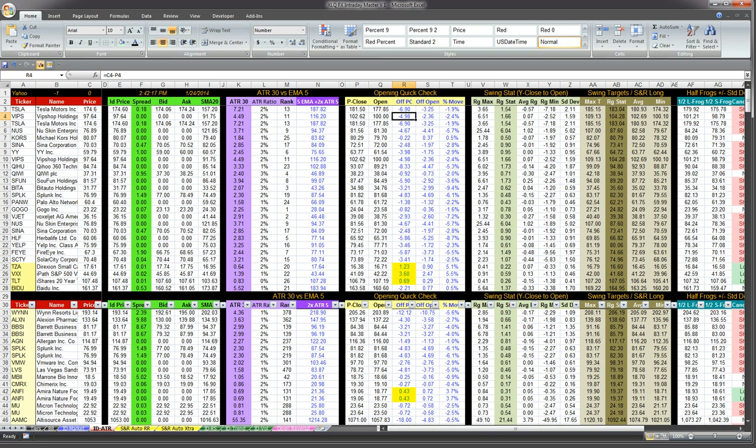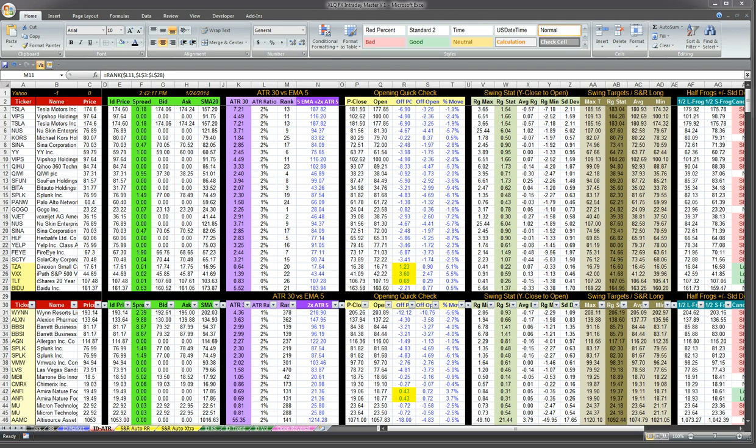And on a lot of these, if you're confused and not sure, just click on the box and click into the formula box, and it will highlight the characters that are involved. The next box is how far off the current price is off the open. And then in the final column, it's just the percentage move it's made so far.